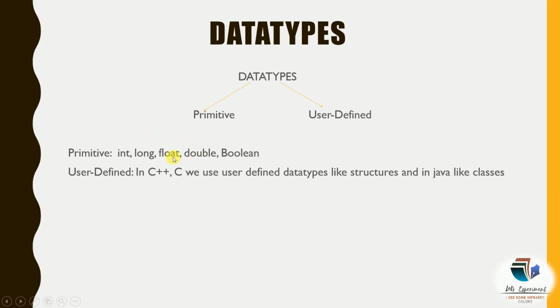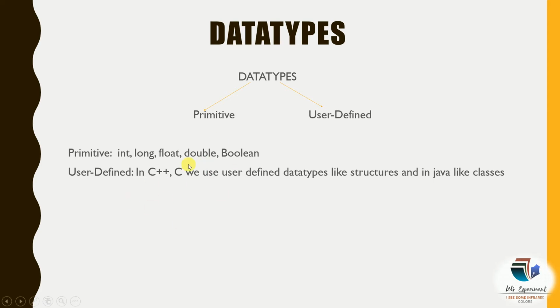Float and double store decimal values as well, like minus 1.2 or 1.2 or 0.0 or 4. And double has a bit more range than float. And boolean stores true or false value. And there are many other primitive data types like character data type, which stores characters like A, B, C, D, capital A or small a, depending on your wish.